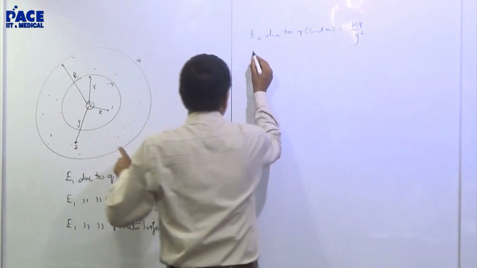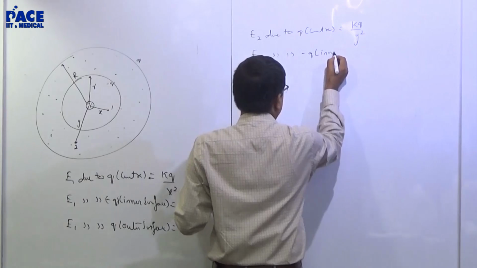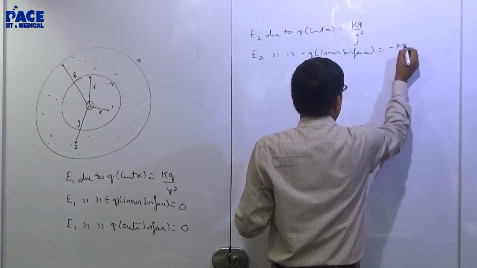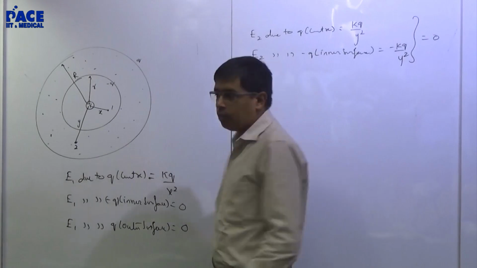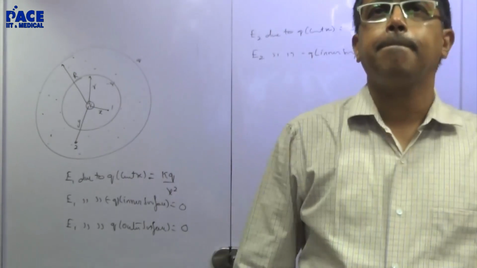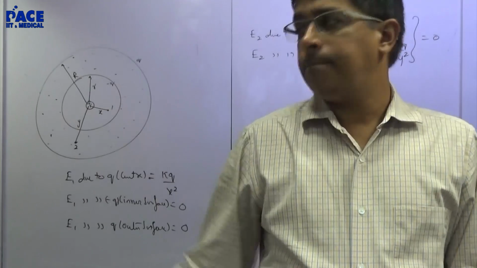Now, field at 2 due to minus Q on the inner surface. Sir, minus KQ by Y square. The sum of both should be 0. Who is that? Tell me. Sir, you said that field doesn't enter.